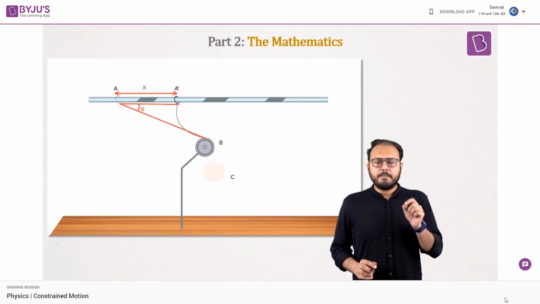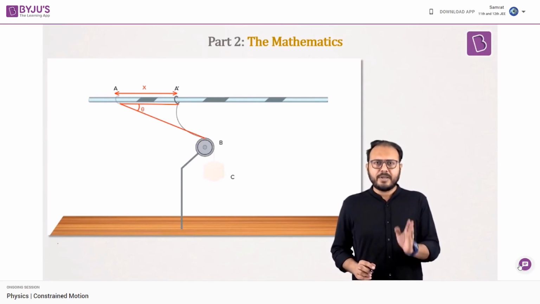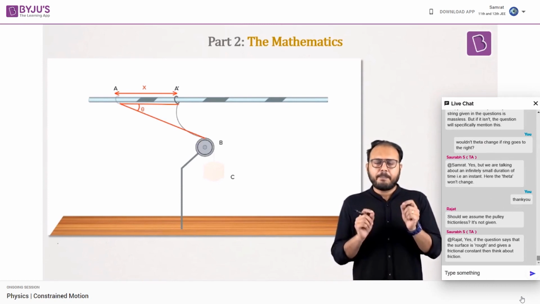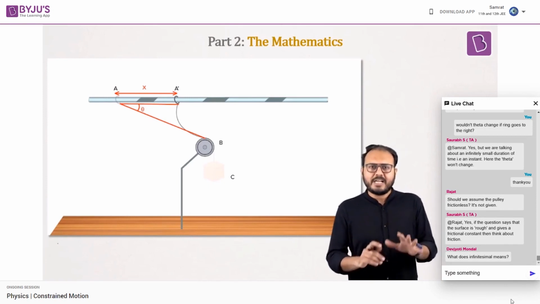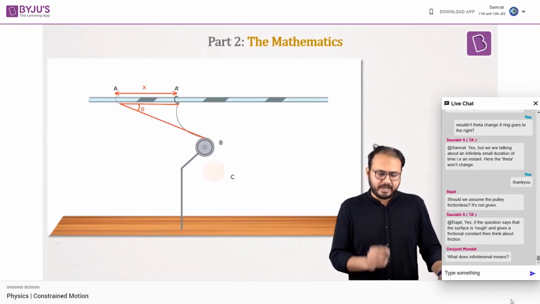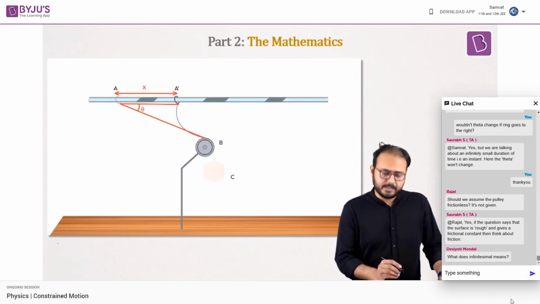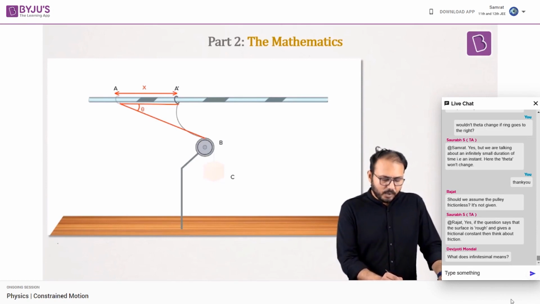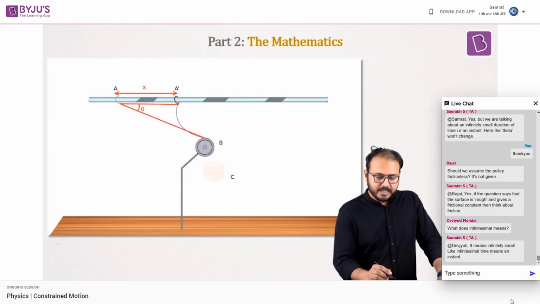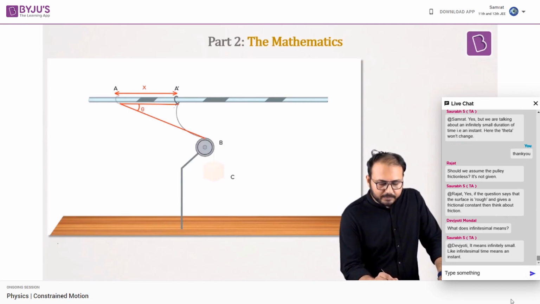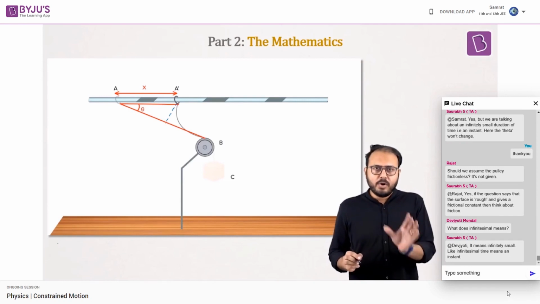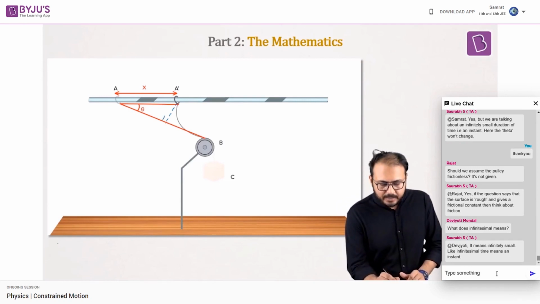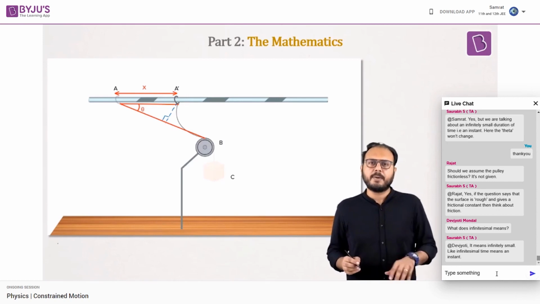Third point is, because of the displacement of the ring to the right, the part of the string AB, which is trapped between the ring and the pulley, does not get the complete contribution x of the ring, but gets a part of it. How do I find out what part? If I drop a perpendicular from A dash on this old string length AB, this angle is 90 degrees because I dropped the perpendicular.